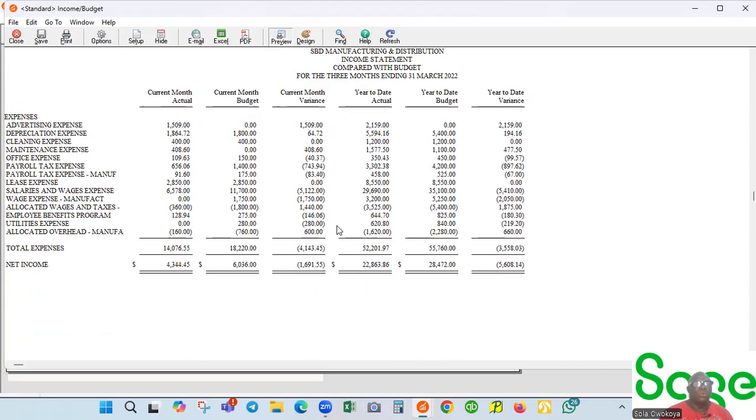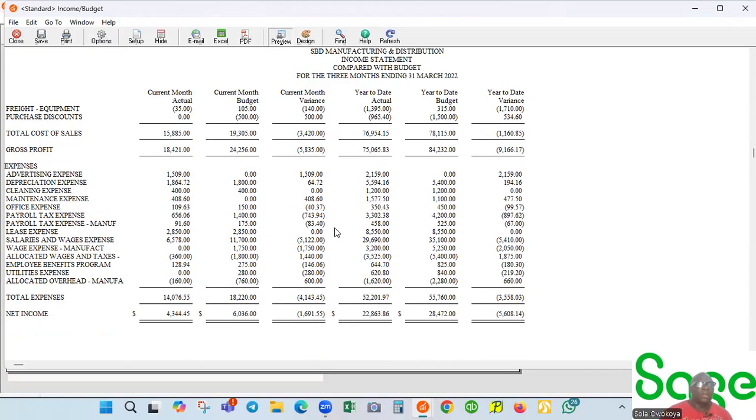So you can use this to track even your expenses. In terms of expenses, when you have a good accounting system, it helps you to control how money is being spent. You don't want to overspend based on what you have actually budgeted.